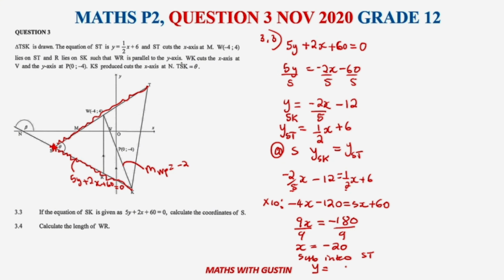I'm saying SK, but I wrote ST. ST is going to be half, then minus 20 plus 6, giving us a y value of negative 4. Great stuff, guys. So now once you have that, you can tell the examiner that therefore the coordinates of K are negative 20, negative 4. Great stuff, which makes sense because x is negative and y is also negative in that quadrant.